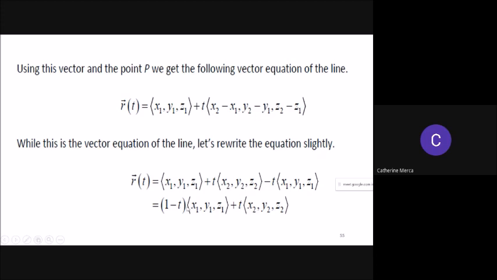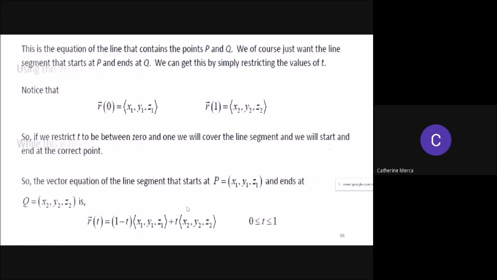You should know how to manipulate this; the manipulation is the algebra part. So at t equal to 0, you will have x1, y1, z1. At t equal to 1, you have this. So the vector equation of the line segment that starts at this and ends at this is, where t should be less than or equal to.